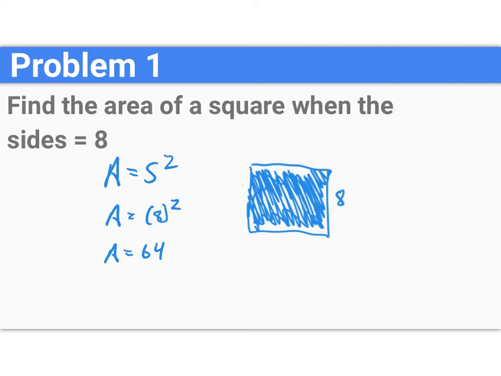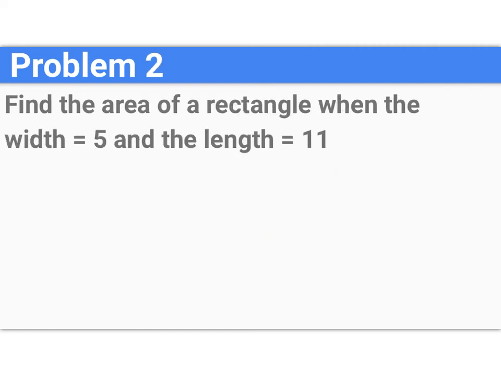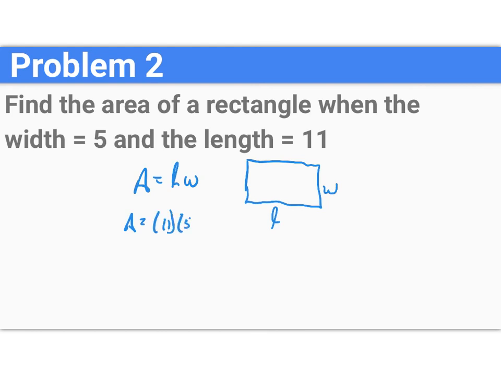to get the area. Okay, find the area of a rectangle. So the area of a rectangle equals length times width, LW. And so if we call this one L and this one W, then area equals 11 times 5, and the area equals 55 of whatever units.